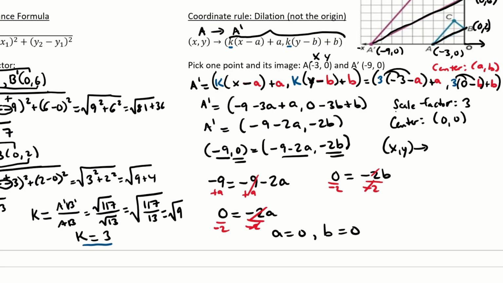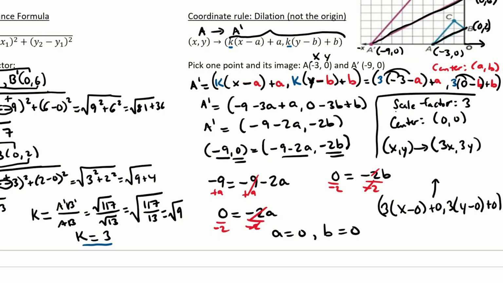Using the formula, 3 times x minus a, but a is 0, plus a. And then 3 times y minus b plus b. You see that? So if we simplify that, we get 3x, comma, 3y. And there's my rule. So that is the description of the dilation that we're dealing with.